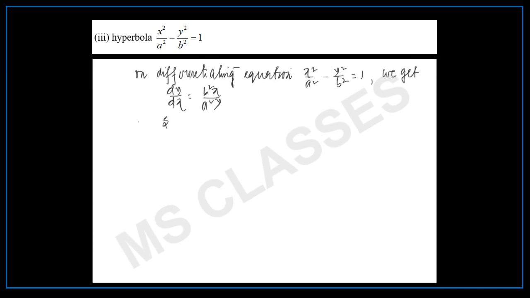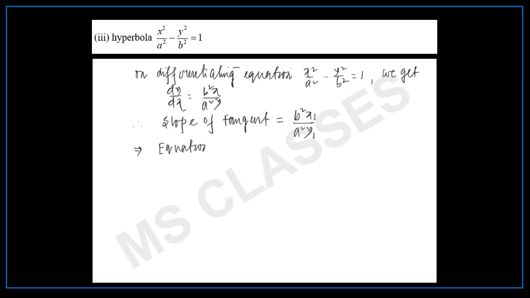Therefore, slope of tangent equal to b square x1 by a square y1.